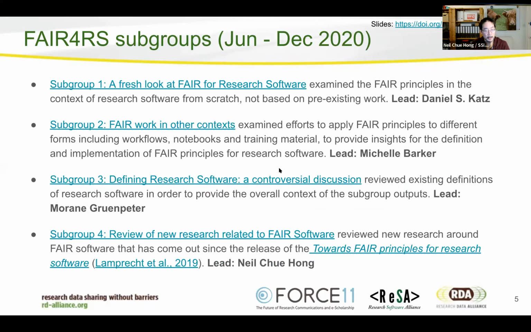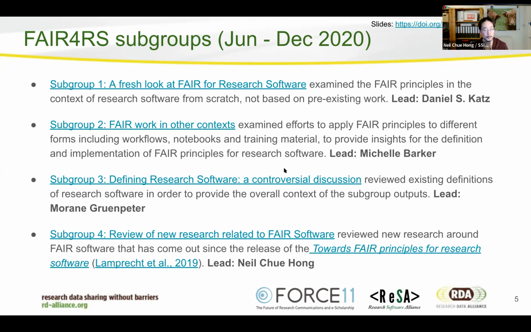So the way that we did this is that we broke the work into different subgroups. Dan has already reported on the first 4 subgroups that ran during June to December 2020, which were all really looking at taking into account the existing material and understanding where, for instance, the FAIR principles for software sat alongside other contexts, or looking at what's changed in the landscape since the FAIR principles were first published.